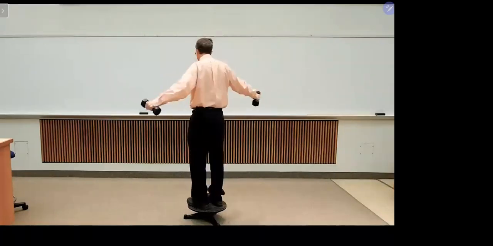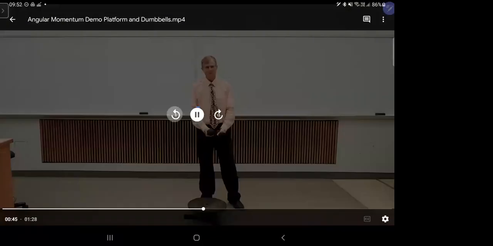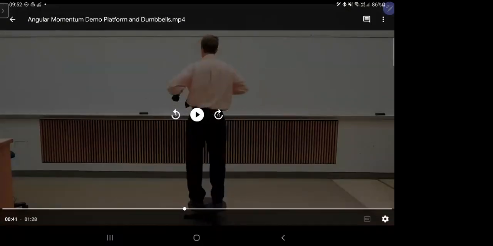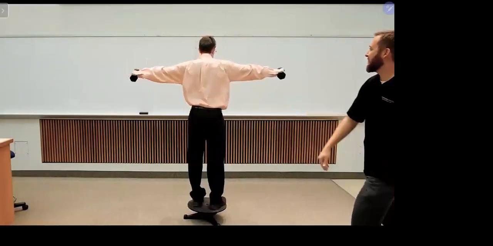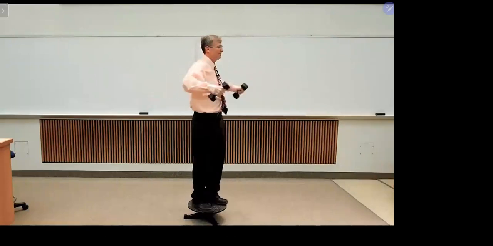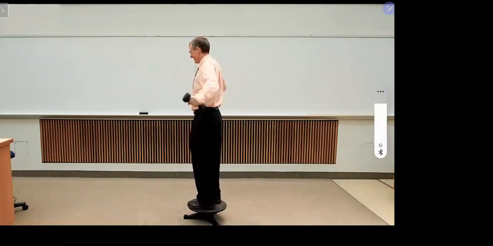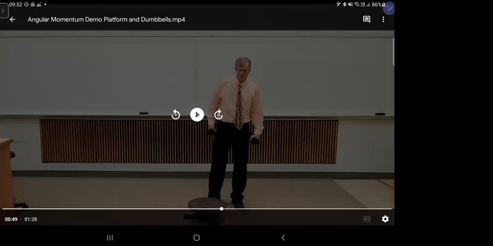You can see my tie flying up. So ice skaters use this principle. You see, when he brings the dumbbells closer, his omega increases. You can see my tie flying up.